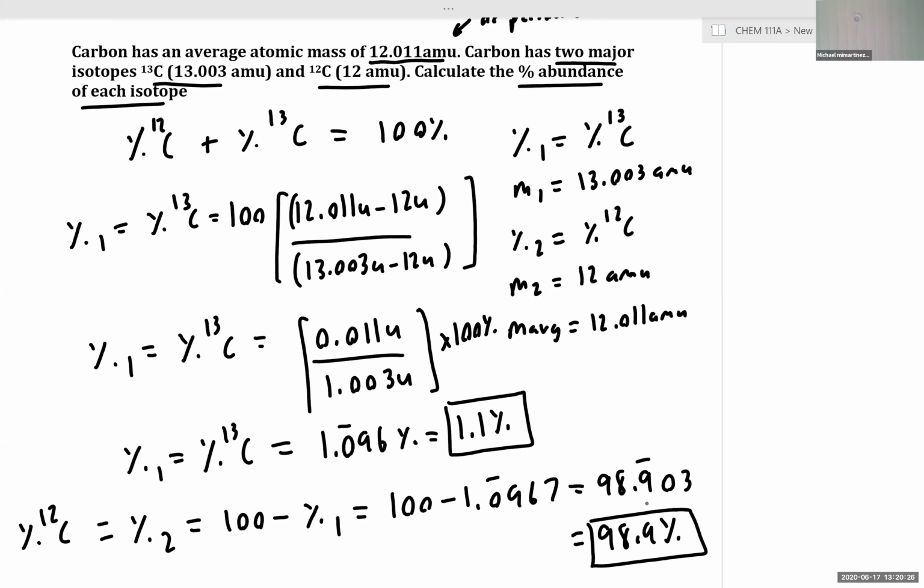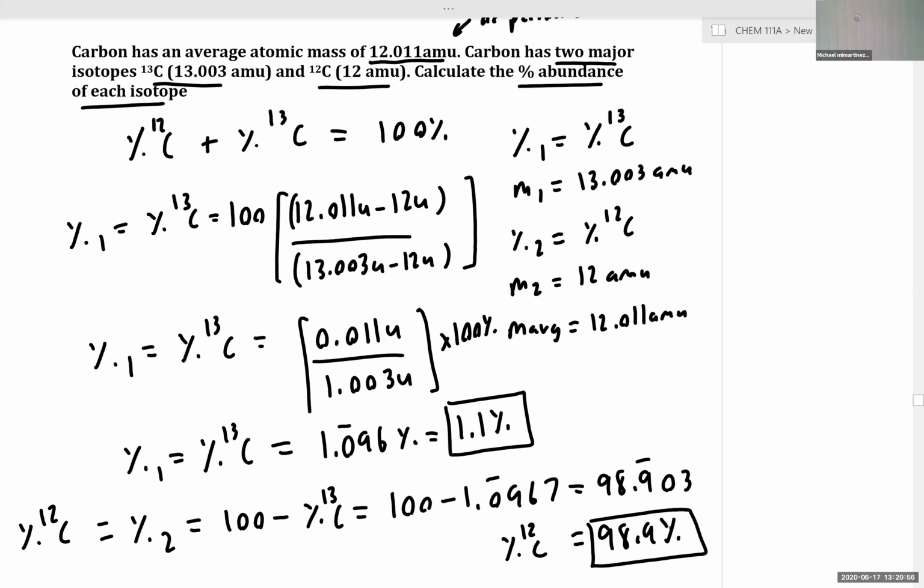If you add both of the percent abundances together, you will get 100%. So we can solve for the percentage of carbon-12 by taking 100 minus the percentage of carbon-13. Okay, and right now 1.1 is carbon-13? Yes. And the percentage of carbon-12 is 98.9.